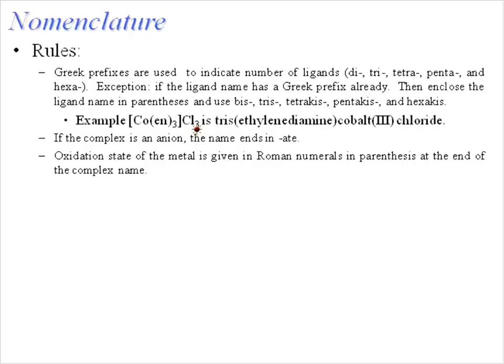If complex is anion, then name ends in ate. Oxidation state of metal is given in Roman numerals in parenthesis at the end of the complex name.